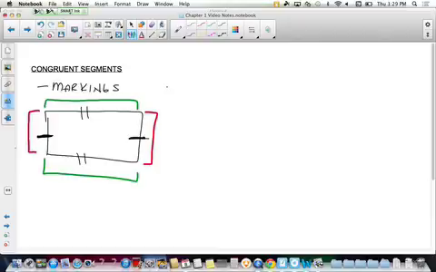They have 2 marks here, 2 marks here. That also tells me that they're different from these. These are not the same because they have different markings. This has 1 mark, this has 2 marks, therefore those are different. The opposite sides have the same markings, but the adjacent sides have different markings, so they are not the same.